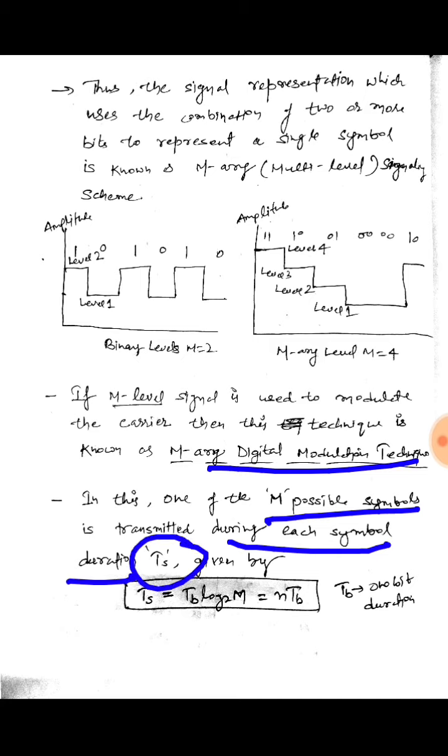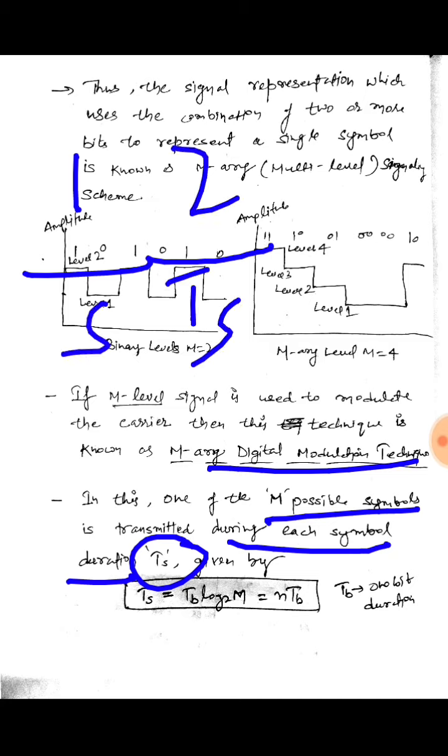So for Ts time one symbol would transmit, then for the next Ts the second symbol will transmit, and so on, where Ts is Tb into log2 M, that is n into Tb.